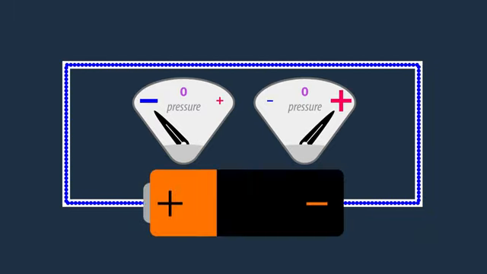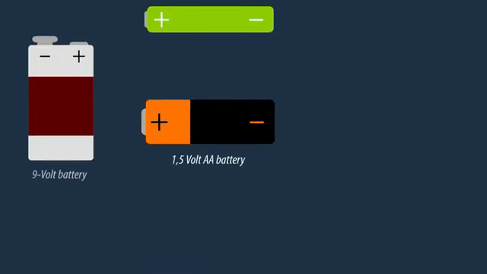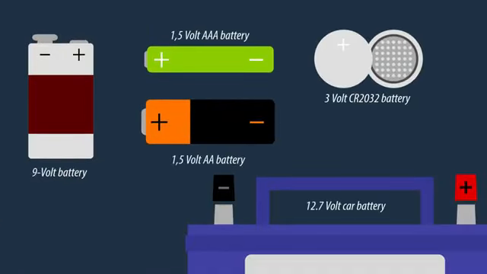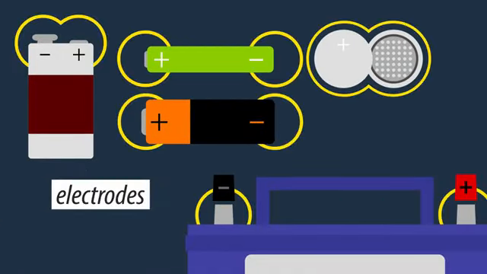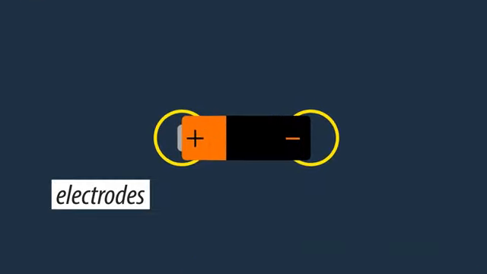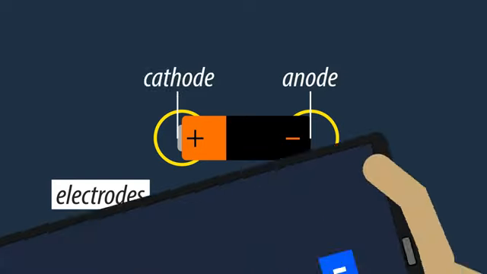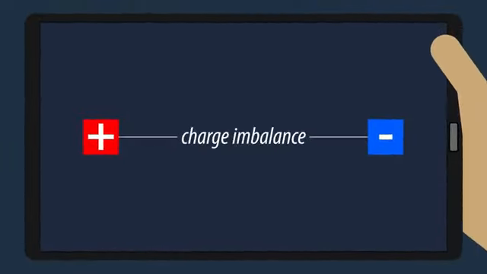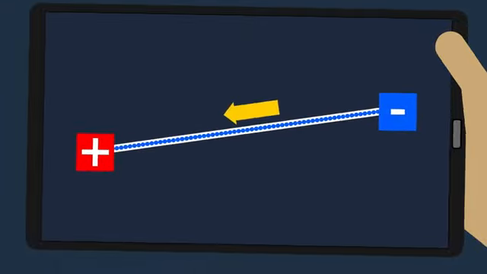A battery is a great way of introducing both negative and positive pressure within an electric circuit. In general, all batteries have the same principle. They possess two electrodes. The one on the negative side is called the anode, and the one on the positive side is the cathode. If you've seen the previous videos, you'll know that electrons flow from the negative to the positive.